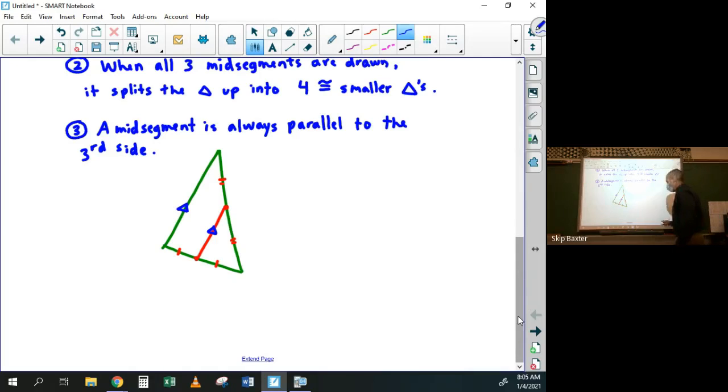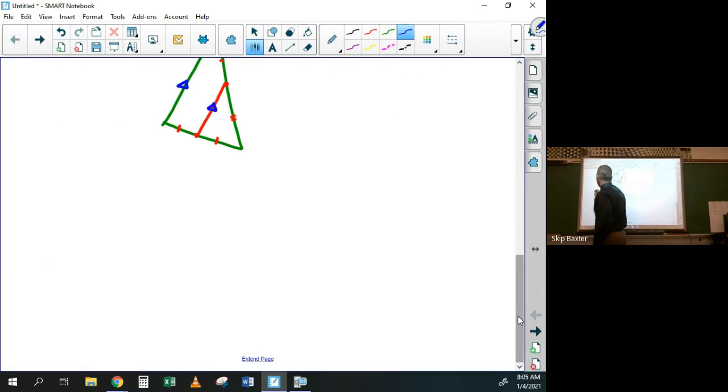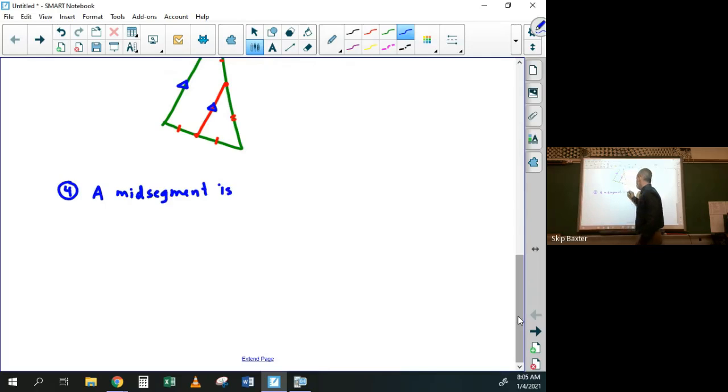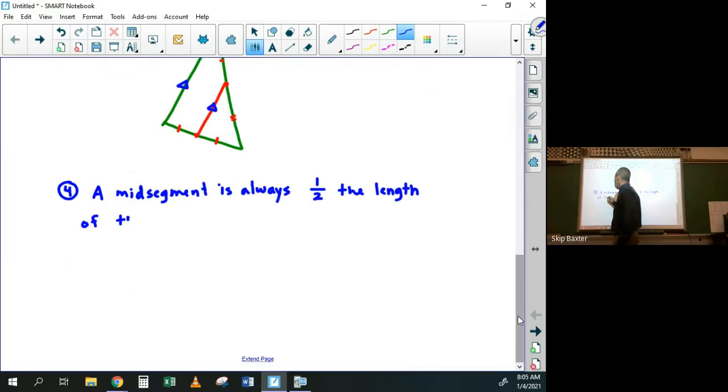And the fourth and final fact about midsegments is that a midsegment is always half the length of the third side. Always 1/2 the length of the third side.